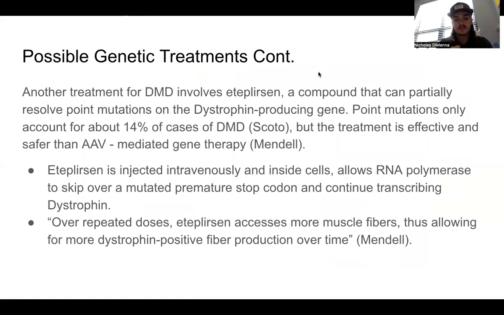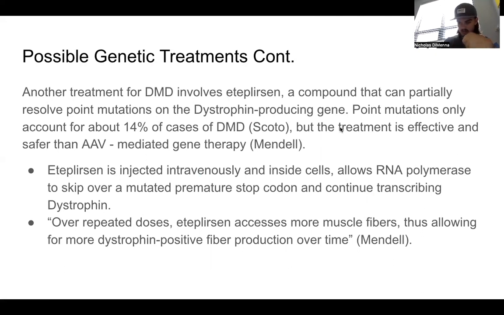Another possible genetic treatment is using a chemical called eteplirsen, which can resolve point mutations on the dystrophin producing gene. Of course, only 14% of the cases account for these point mutations.